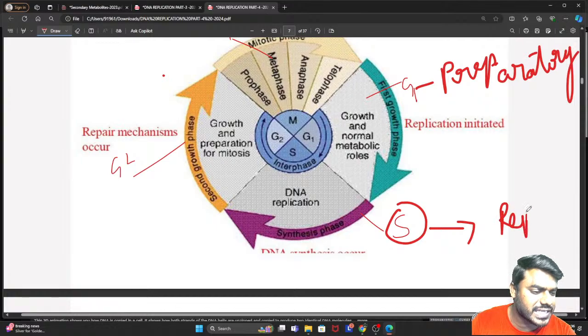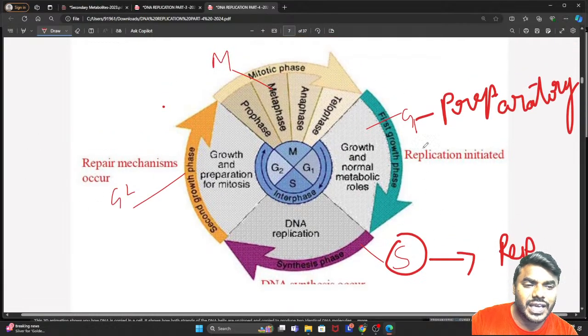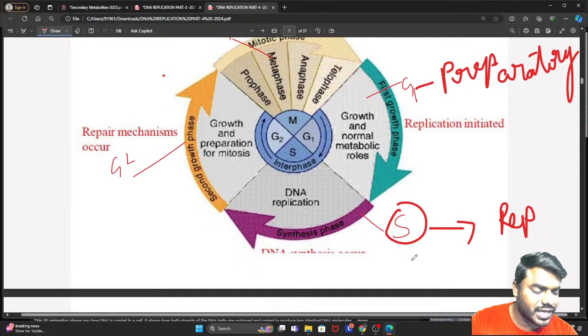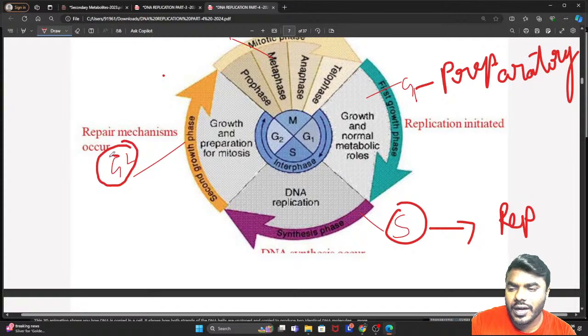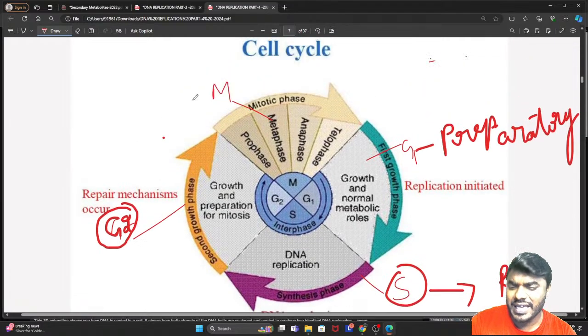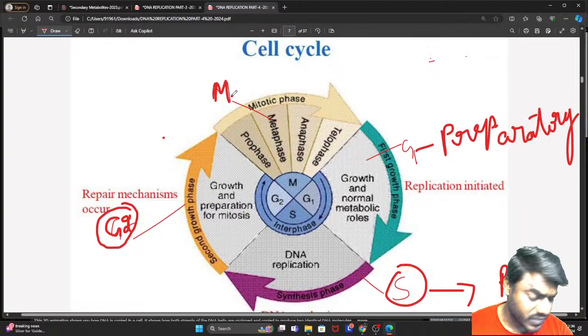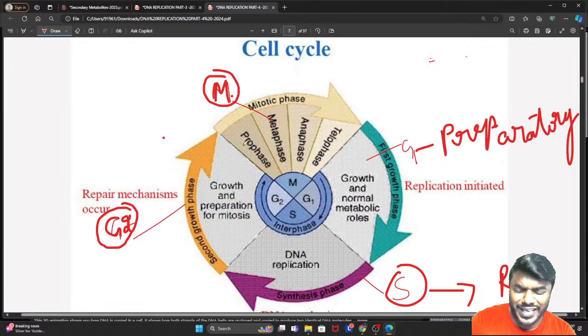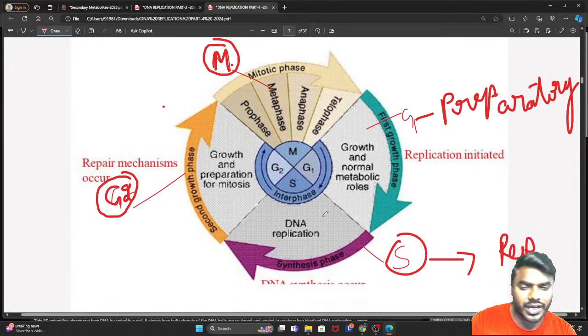DNA replication is happening. Similarly, friends, we can call the G2 phase the preparatory phase for the M phase. There is no point of getting confused over there.